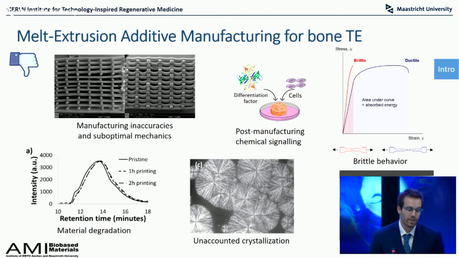A few of these are, for example, the presence of manufacturing inaccuracies that might lead to suboptimal mechanics, but also the need for post-manufacturing steps to make scaffolds be liked more by cells, the general brittle behavior of the implants produced, the fact that a few materials do not go very well with the temperatures involved in manufacturing and therefore lose their chemical integrity, and also a few other processes that tissue engineers usually do not account for, such as crystallization and smooth surfaces.